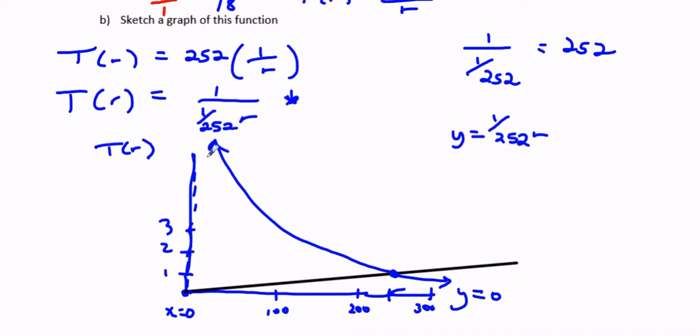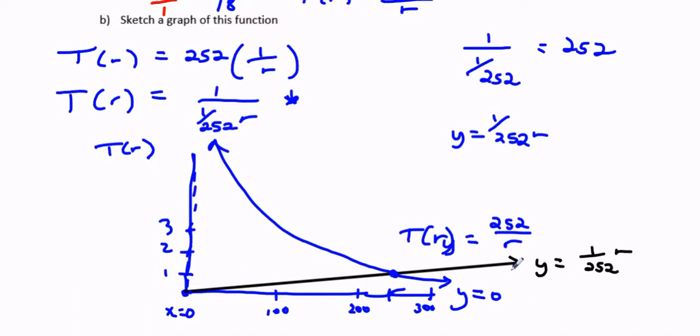Okay, so this is the graph of t of r equals 252 over r. This is the graph in the black of y equals 1 over 252 r, the linear function.